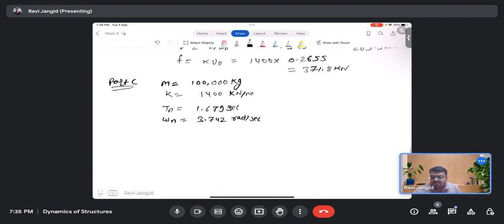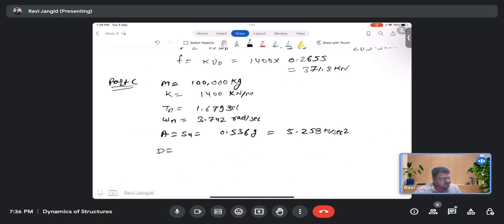Okay, so your Sa by g would be coming out the same, so Sa is coming out to be 0.536 after the scale down, so that will become 5.258 meter per second square.